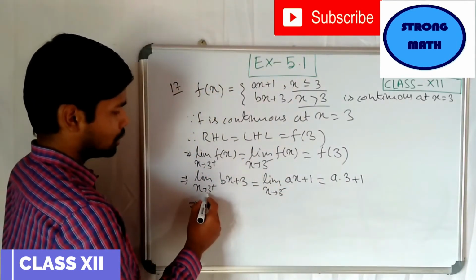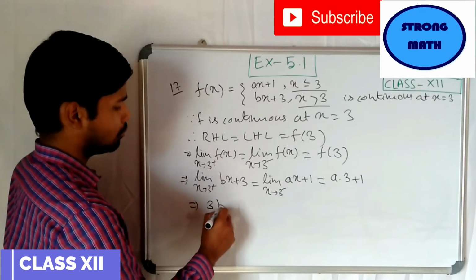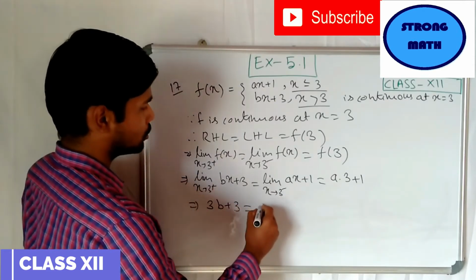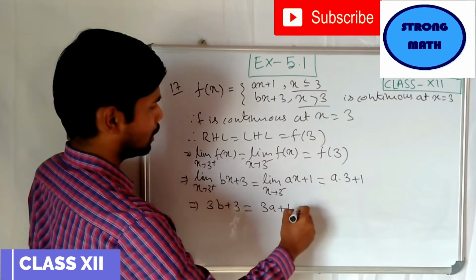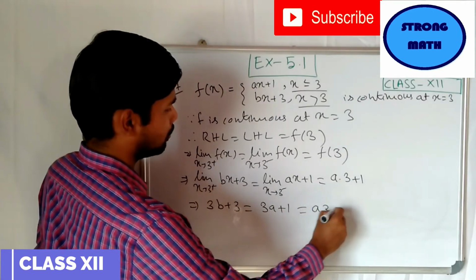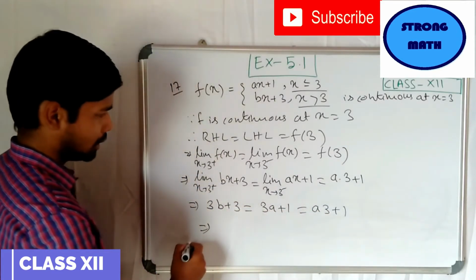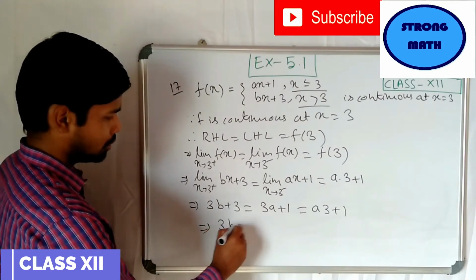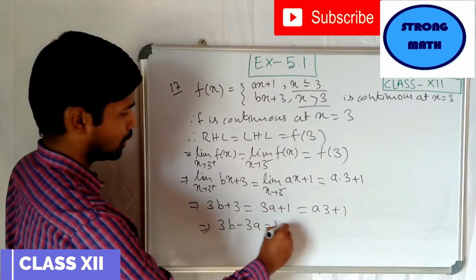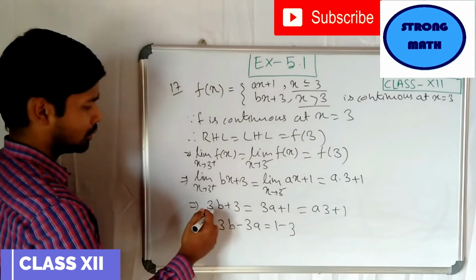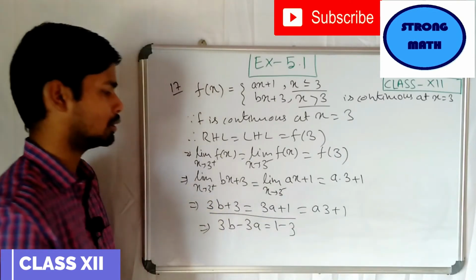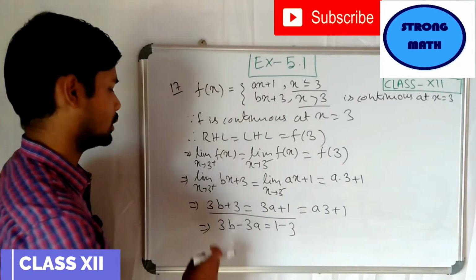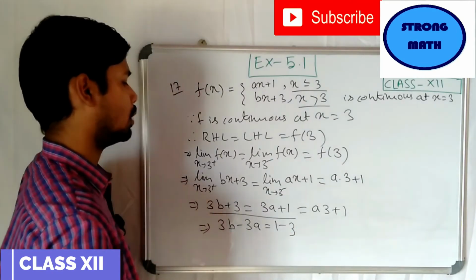Now if we put the value 3, then we will get 3b plus 3 equals 3a plus 1 equals 3a plus 1. So basically we have 3b minus 3a equals 1 minus 3. Taking the first two equalities, we get 3b minus 3a equals 1 minus 3.